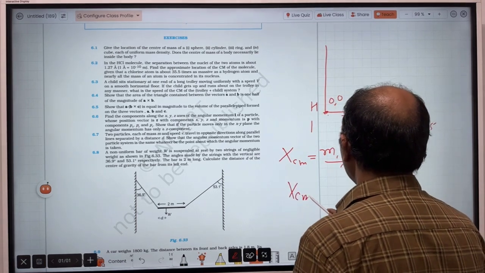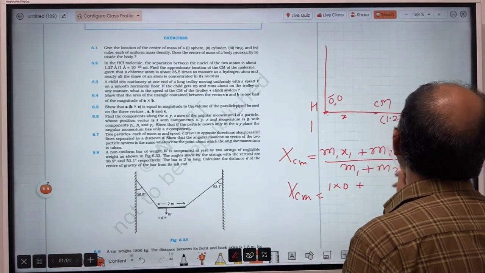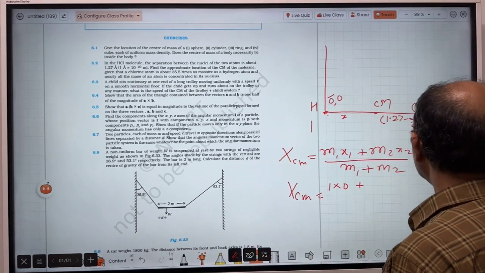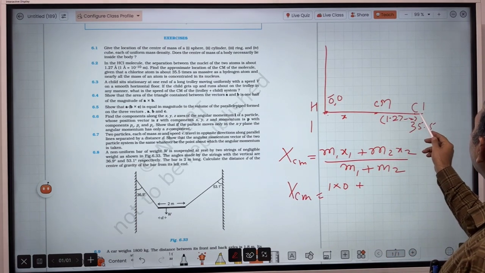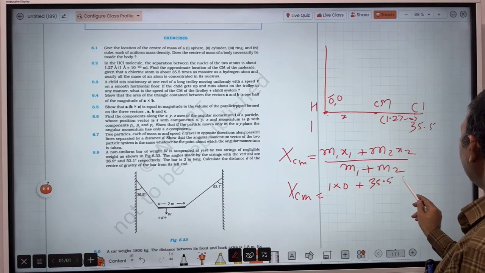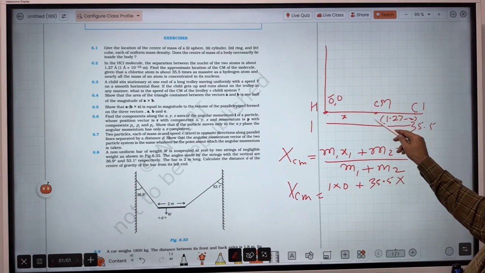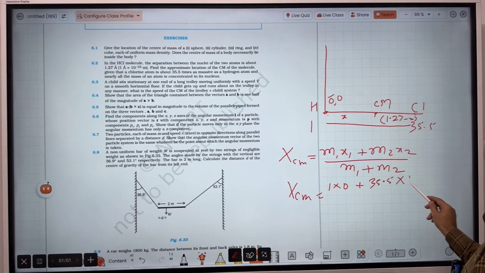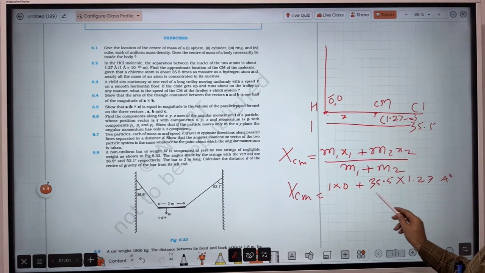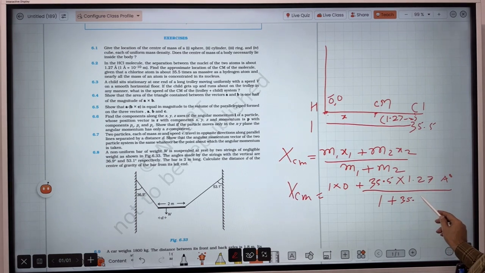So X CM will be equal to M1 is this 1, but x1 is 0, plus M2, you have to take as 35.5, and x2, here this whole distance is to be taken, which is 1.27 angstrom, divided by M1 plus M2, 1 plus 35.5.